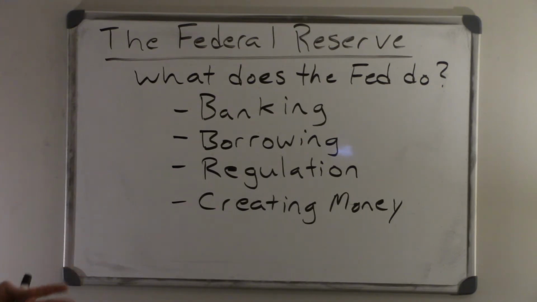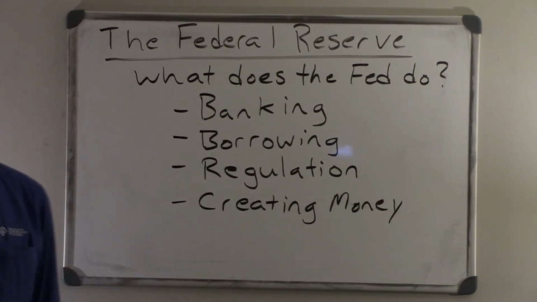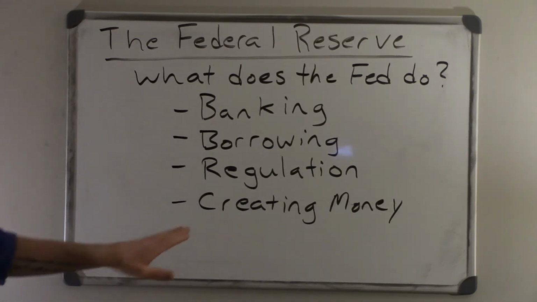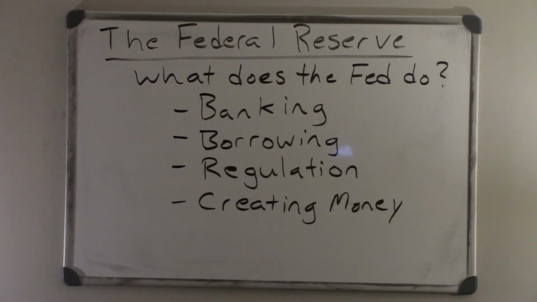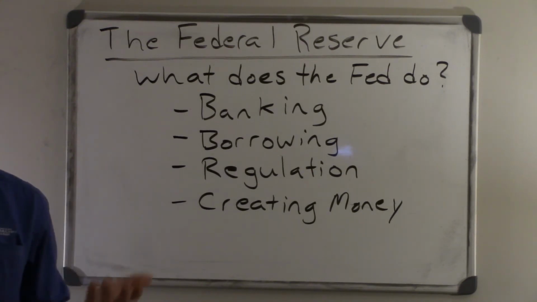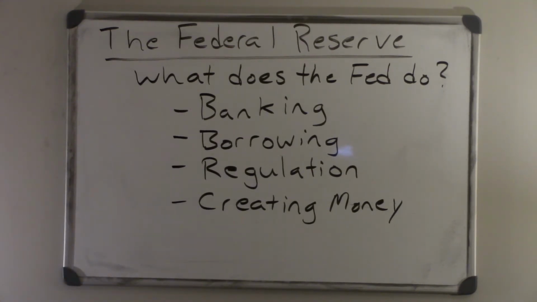That is one of the big functions and one of the ones that we are going to focus on for most of this chapter, or at least a lot of this chapter. So the Federal Reserve is the body that's tasked with creating this money and also with getting it out into the economy as a whole. Again, we're going to talk about those things as we move forward. But those are the things that the Fed does.